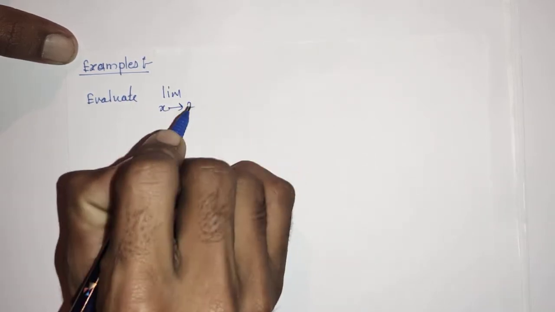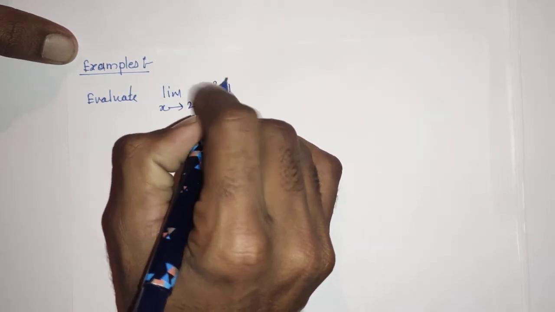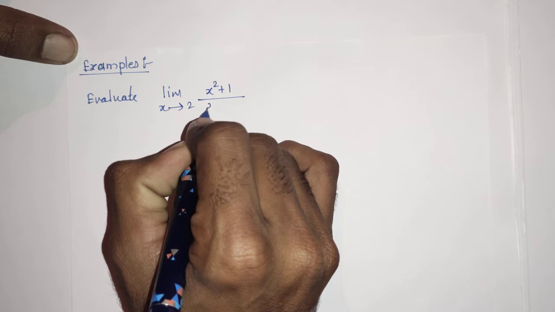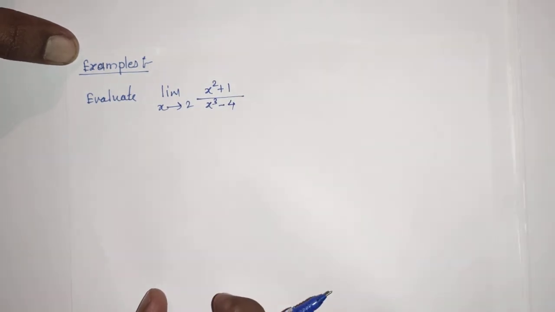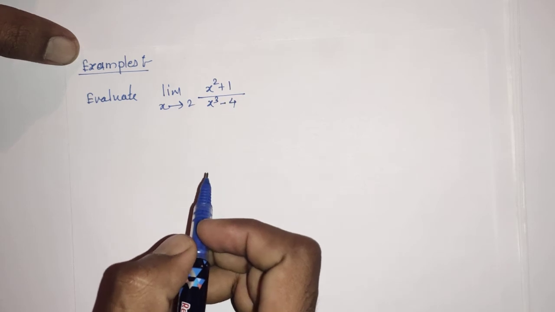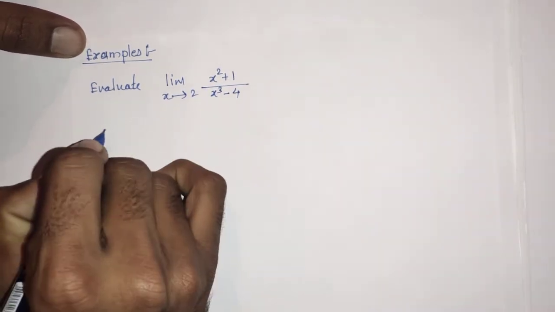So here, limit x tends to 2 of x square plus 1 divided by x cube minus 4. We have to evaluate this limit.